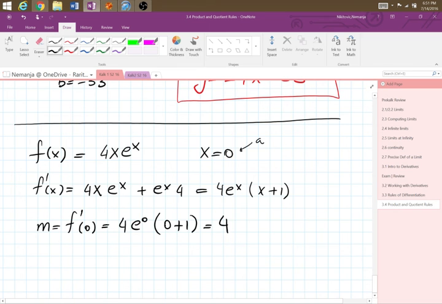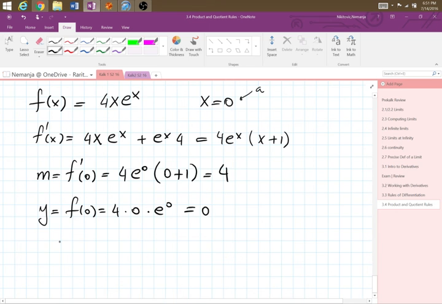Now, we have the x is 0. What is y? How much is y? 0. It's 4 times 0 times e to the 0, which is 4 times 0 times 1, 0. So what do we have? Now we have that slope is 4 and the point is 0, 0. It goes through the origin.